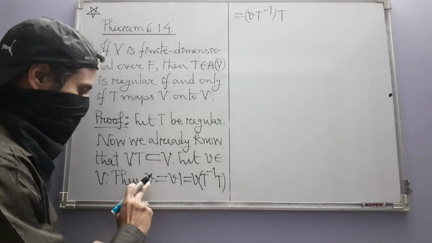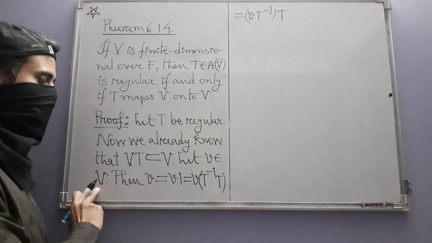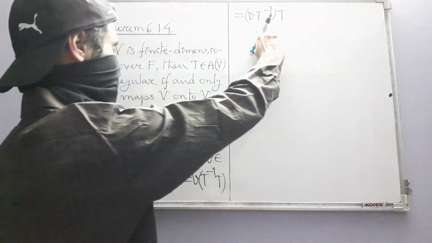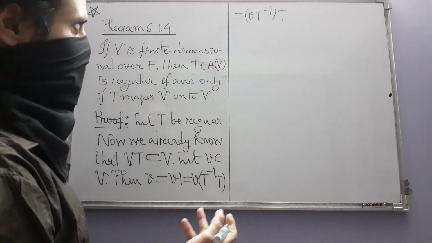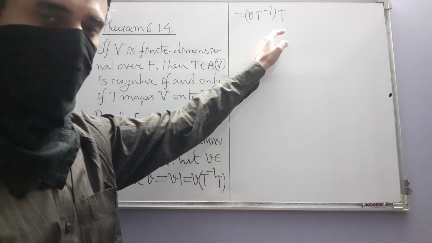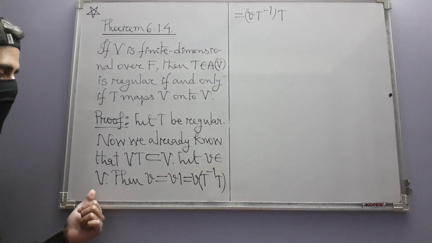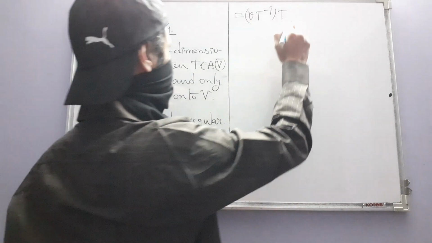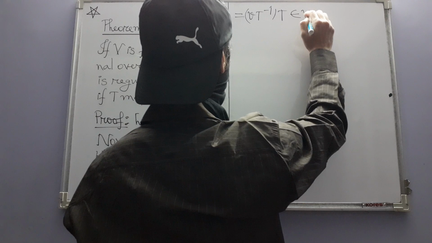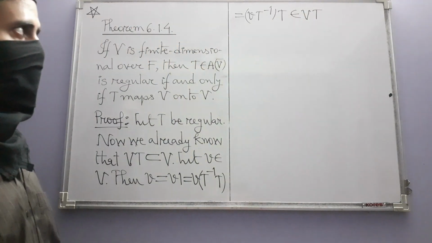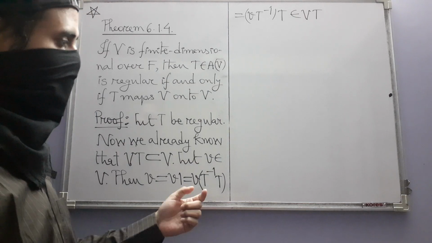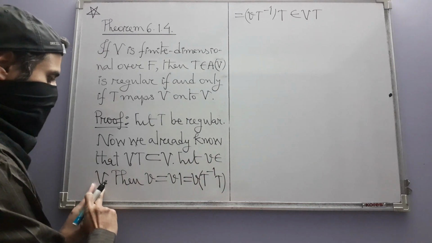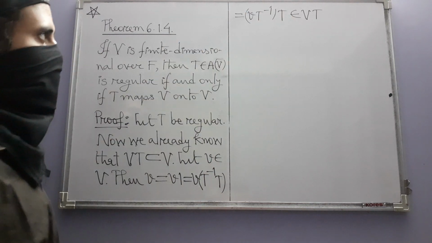We see that this arbitrary vector v coming from our vector space is actually the T image of some vector, and this vector is vT inverse, which is some vector again in our vector space V. Because of this form, v belongs to the image of V, or in other words, the range of T.